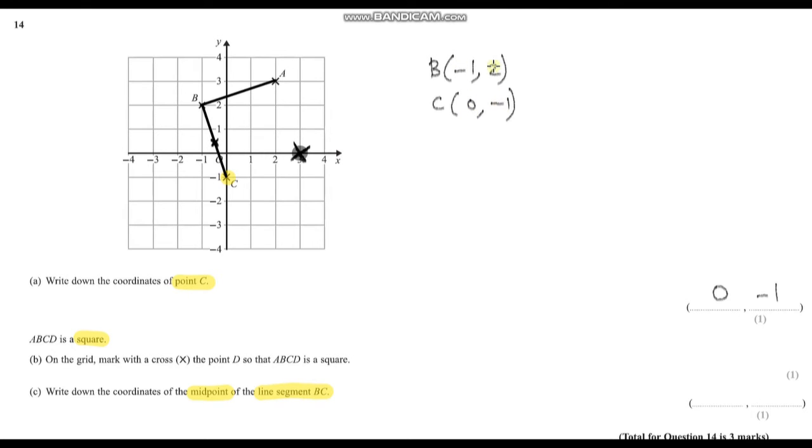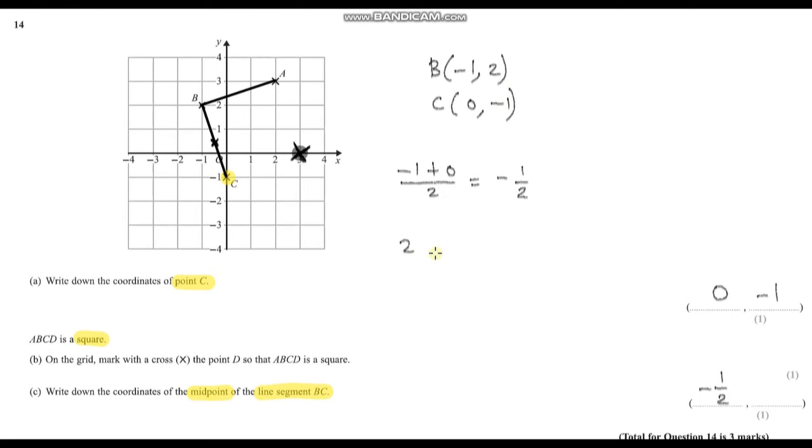So the midpoint is going to be the average of the x coordinates and then the average of the y coordinates, or the mean average, I should say. To calculate the mean, we just add the two numbers together and divide by 2. So the x coordinate is -1 plus 0 divided by 2. Well, that's just -1/2. And for our y coordinate, we take the mean of the y coordinates.